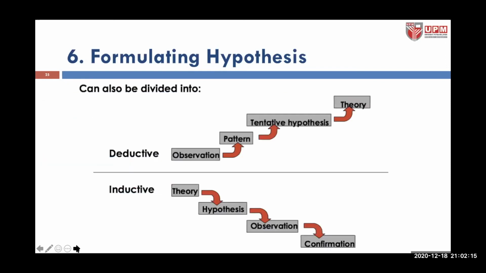In terms of formulating a hypothesis, it can also be divided into deductive methods, where you do observation, look at the pattern, have a tentative hypothesis, and it comes out to the theory, or inductive methods, where you start with your theory, come up with your hypothesis, and try to observe and confirm it. So these are ways of formulating a hypothesis.